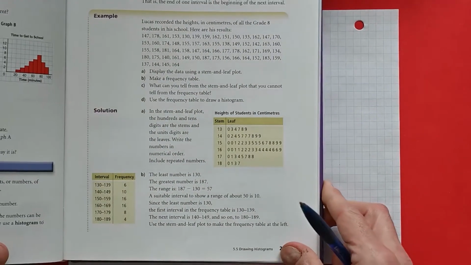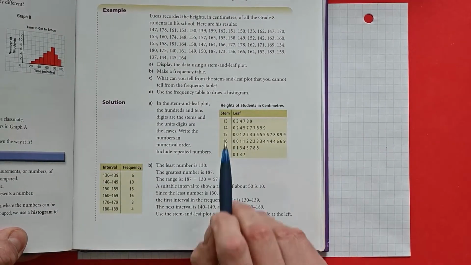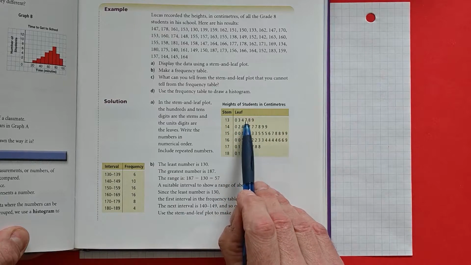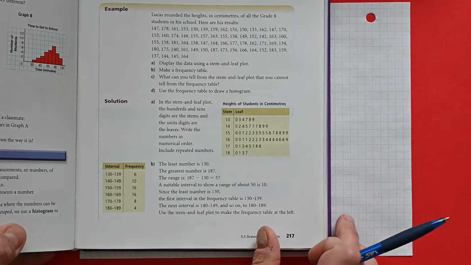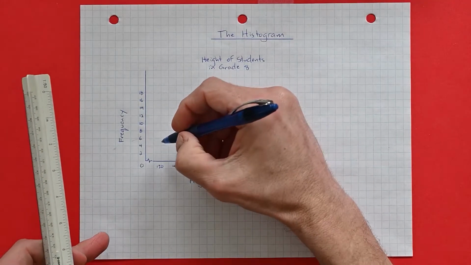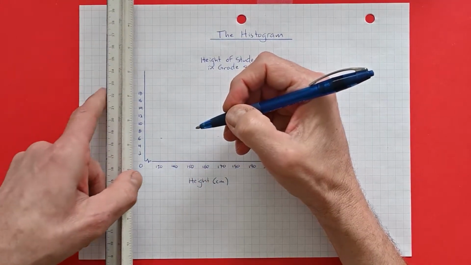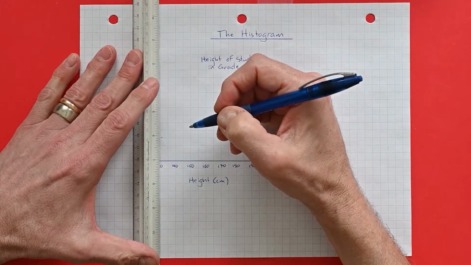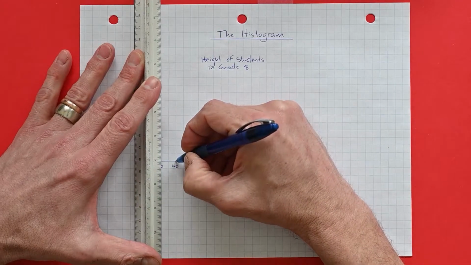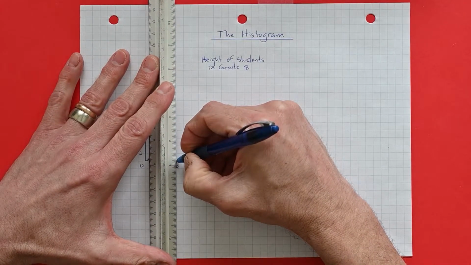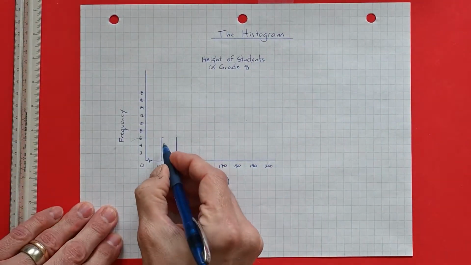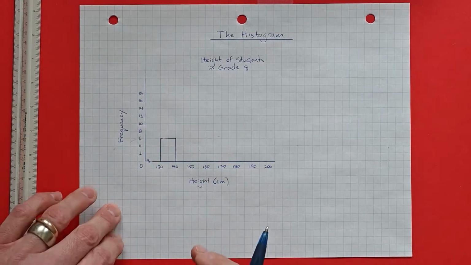If we look again at our stem and leaf, we can count how many students are in this interval: 1, 2, 3, 4, 5, 6. So on my histogram, I go up to the 6, which is here, and I can now draw that bar in. Recall that this is all the students from 130 up to, but not including, 140. So that's the first bar done in our histogram.